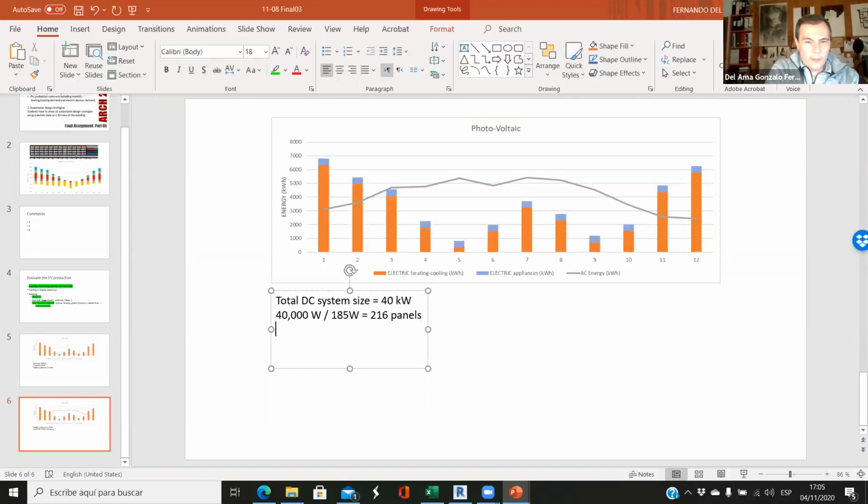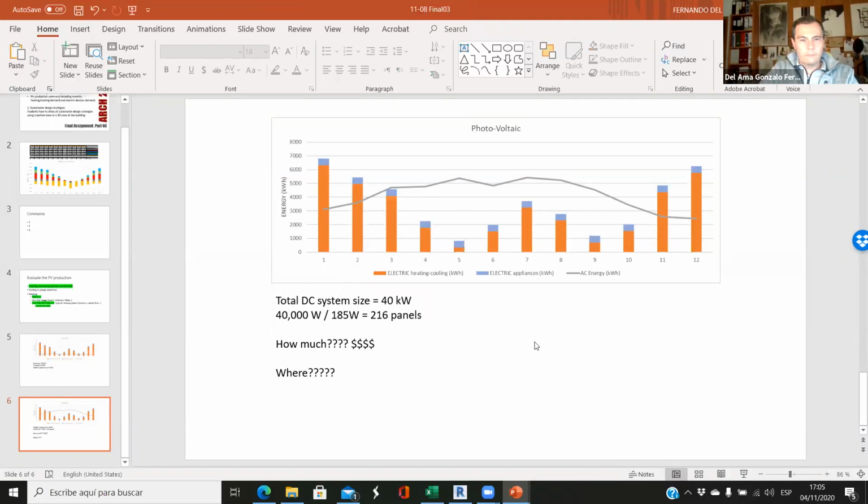Okay, so now there are two questions. The first question is, how much money? The second question is, where? You want a zero energy building, and the roof area is not enough.